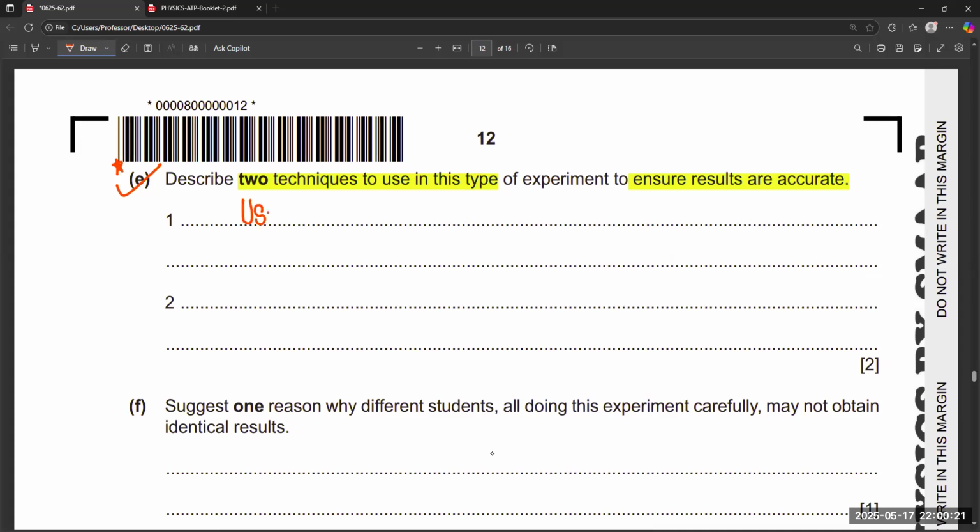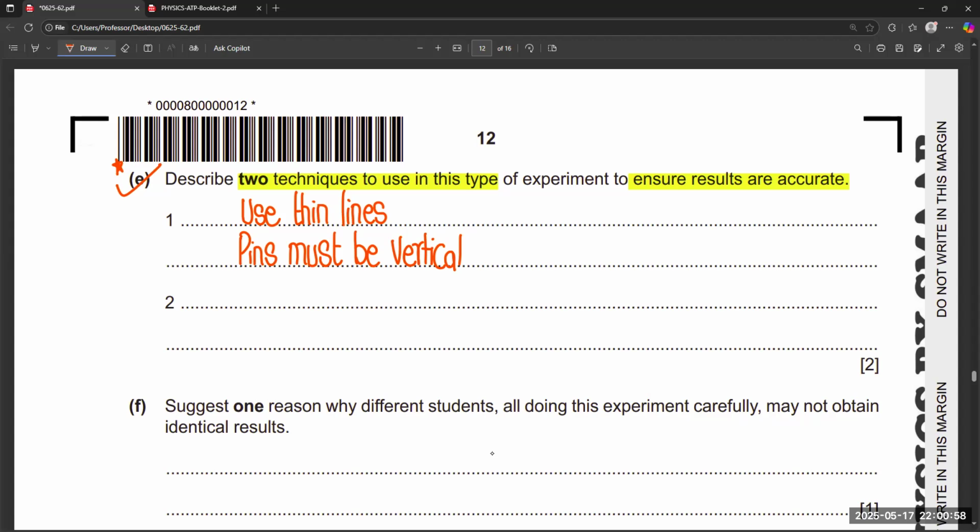Use sharp lines or thin lines to get accurate readings, and pins must be vertical. So we have to place pins in a vertical position, not like a tilted one.